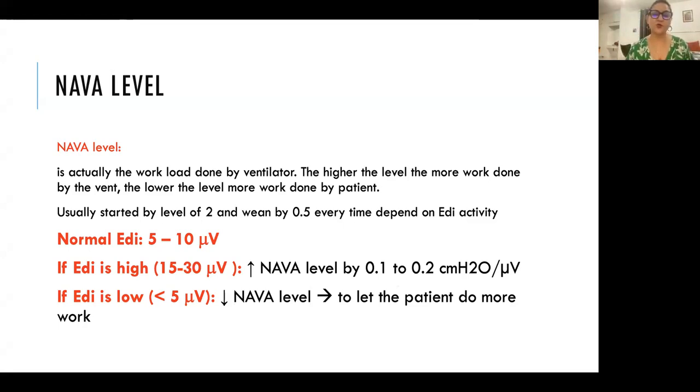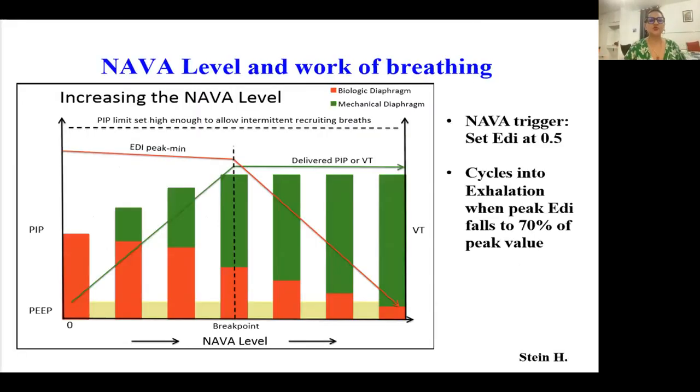So you will start reducing the NAVA level so as to let the patient do more work. That's how you keep the NAVA level. So one time you will keep a particular NAVA level, but then you will titrate the NAVA level depending on what EDI you are seeing. And you have to give time for the EDI. Don't just react immediately. Give some time so that it settles, and then you can change your NAVA level.